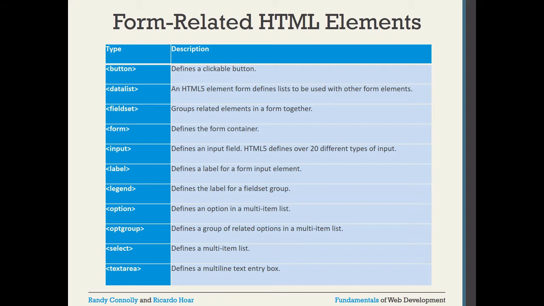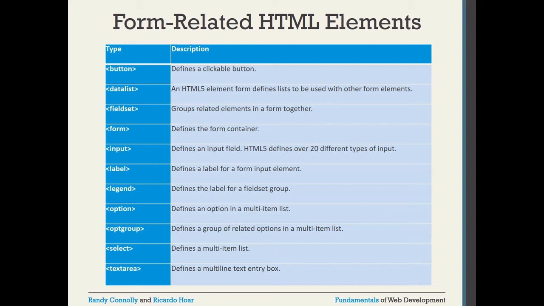Another thing is the form, which is called the container. Another is the input, which defines around 20 different types of input: input type equal to checkbox, input type equal to radio, input type equal to text, input type equal to hidden. So altogether approximately 20 types of inputs are there where you can write a value.